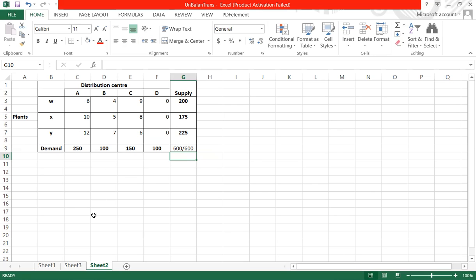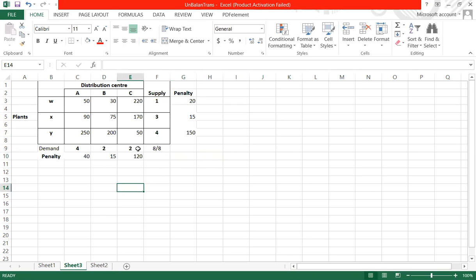Next example that I am going to take is that of degeneracy. What is degeneracy in transportation problem? You can see this example on your screen. There are three plants, sources W, X, and Y, and there are three distribution centers A, B, and C. The transportation costs are written over here.